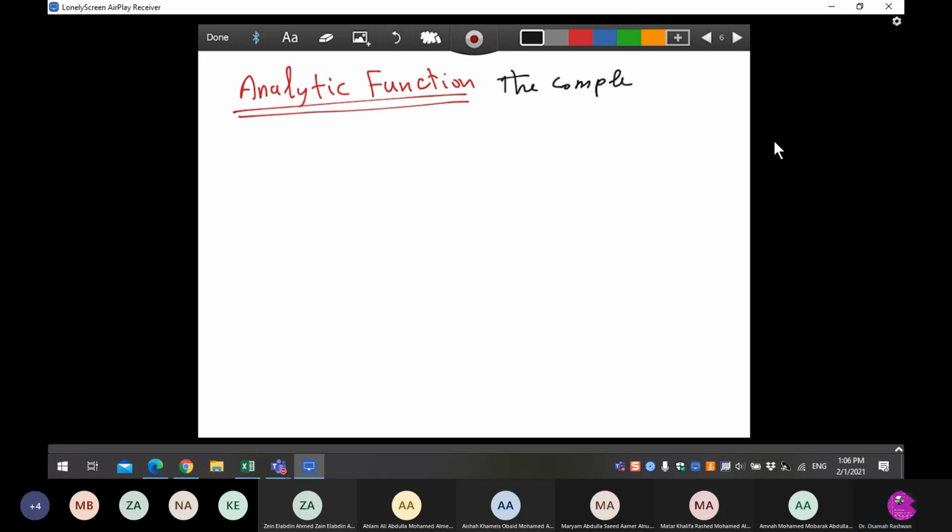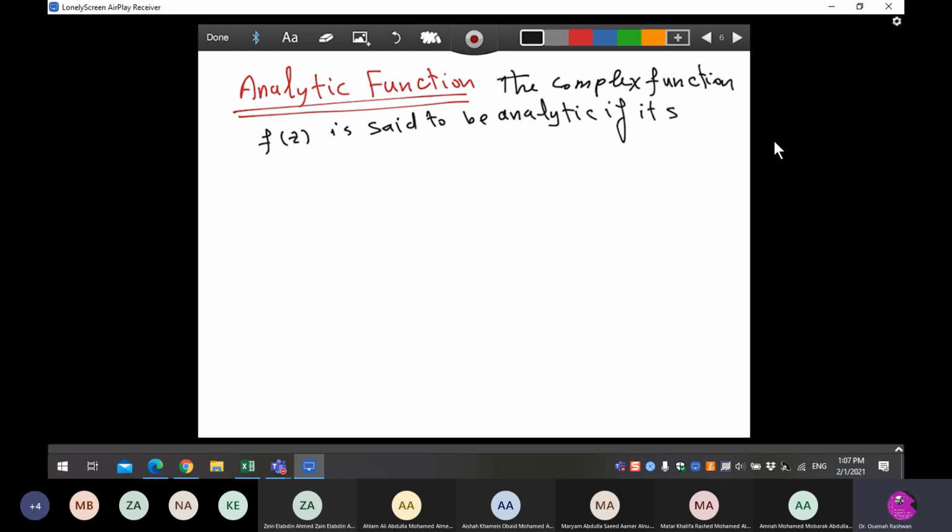The complex function f of z equal to whatever it is, okay, is said to be analytic if it satisfies the Cauchy and Riemann equations.